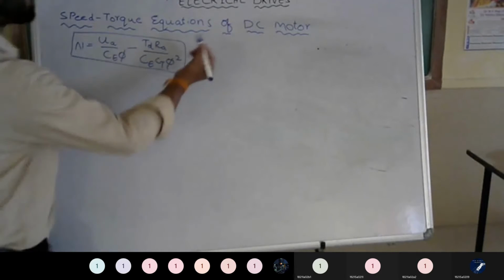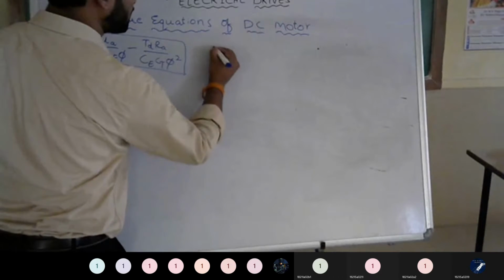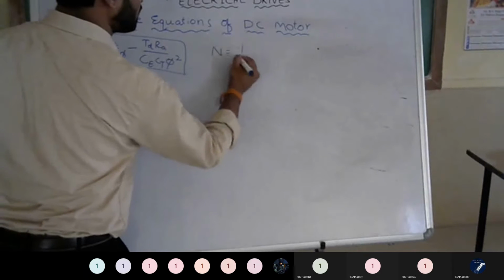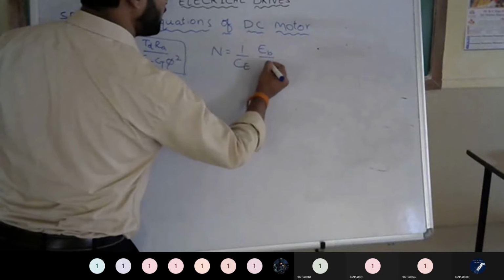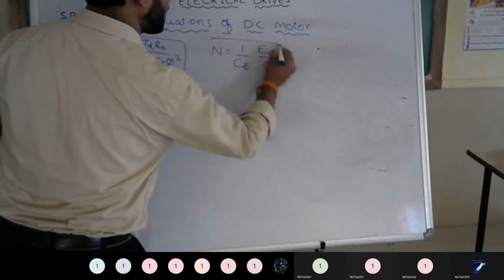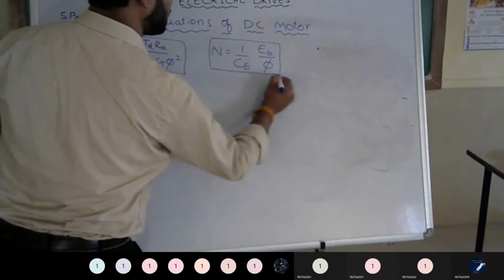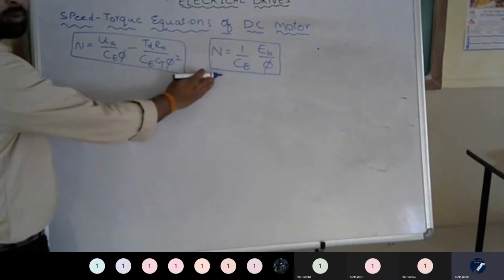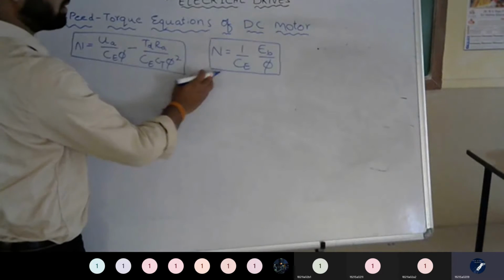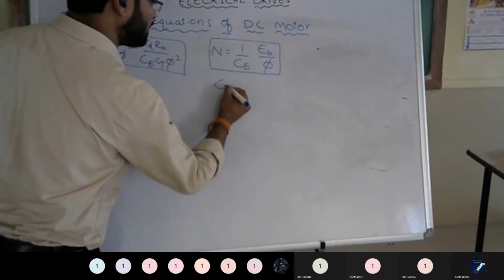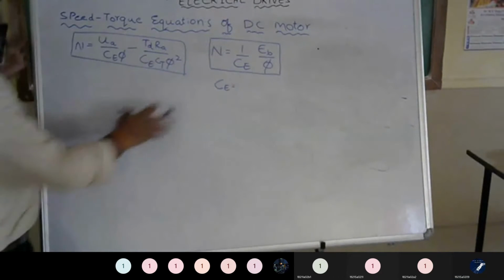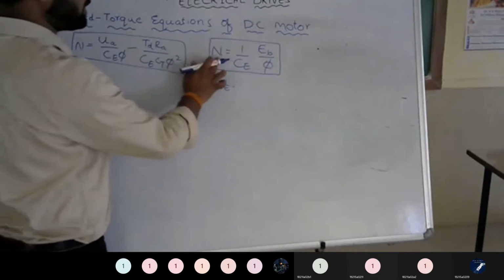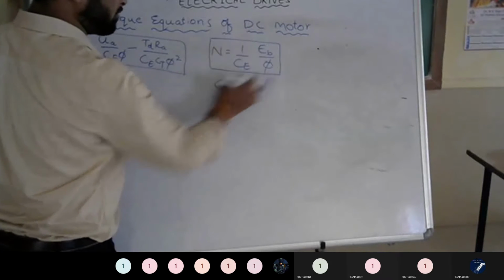I am asking only for the speed equation. Speed is depending upon the back EMF by flux. You remember or not? What is CE? Okay, so this is the speed equation. The speed equation is N is equal to 1 by CE into EB by 5.